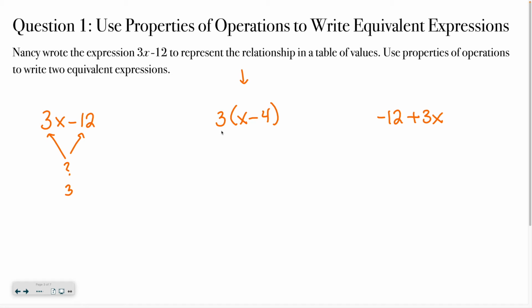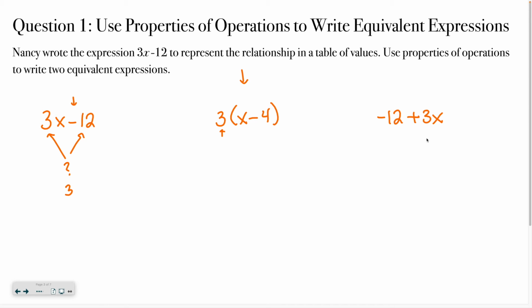So you put that 3 outside, and then you create parentheses, and then, well, 3x divided by 3, that's just going to be a 1x, or just x. And then 12 divided by 3 is 4. So you'd have minus 4 on the inside, because we had that minus, okay? So that's another possible answer. Another one is just switching the order and saying negative 12 plus 3x.